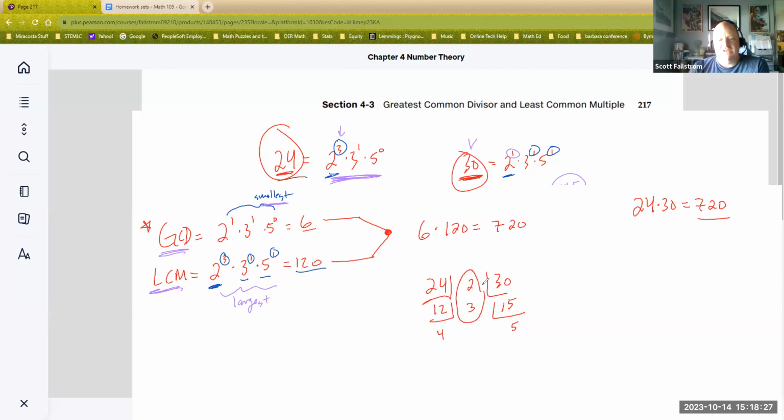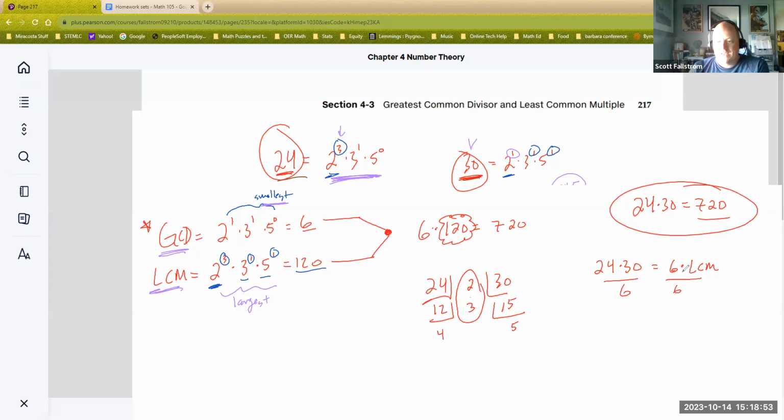So my GCD is 3 times 2, which is 6. So what I can do is come over and say 24 times 30 would be this number right here. And 6 times the LCM, if I don't know what it is, has to be that same number. So this is going to equal 6 times my LCM, and I can just divide by 6 on both sides.